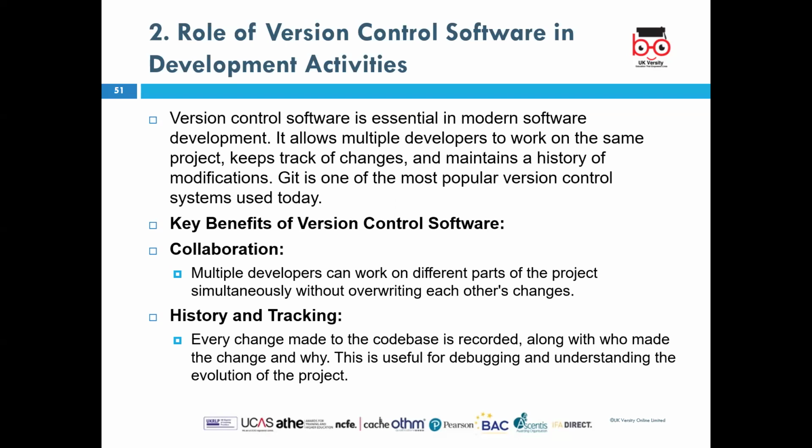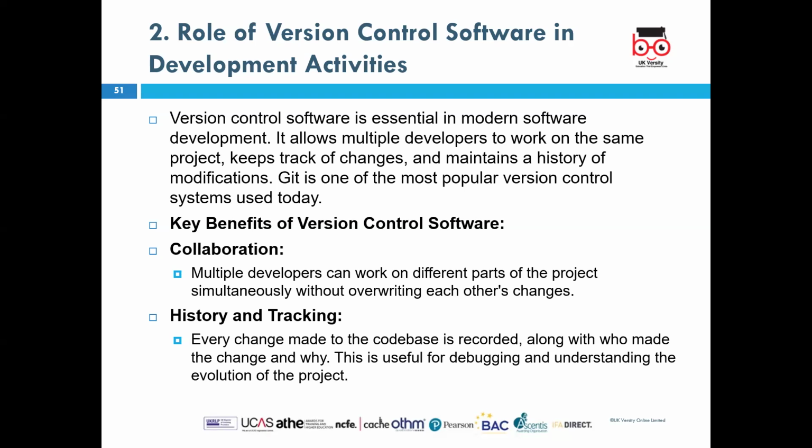Here now we have the role of version control software in development activities. So what is version control? Version control software is essential when it comes to modern programming. I hope you are familiar with Git.